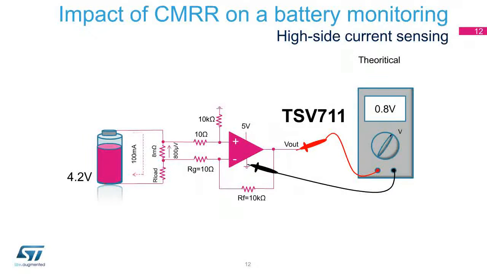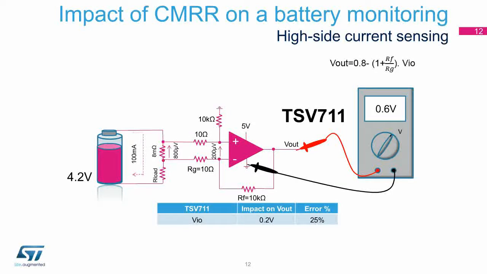As we have seen previously, it is important to take the VIO into consideration. The TSV711, which is already a precision amplifier, shows a maximum VIO of 200 microvolts at 25 degrees Celsius. So on the output, we won't see 800 millivolts, but 600 millivolts. So there is a 25% error due to the VIO.